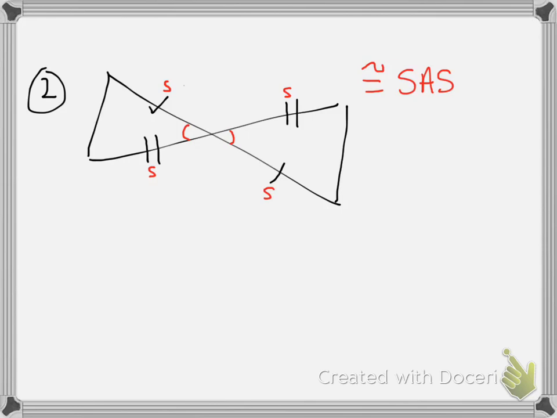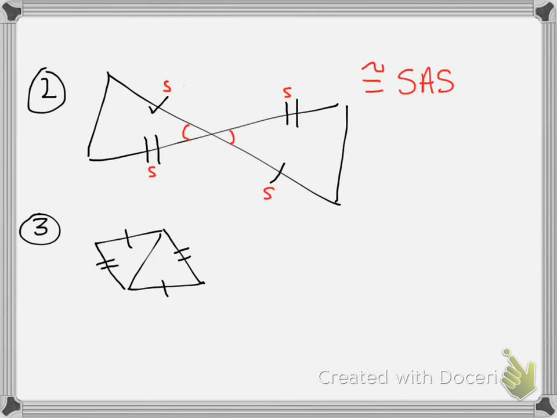Okay, let's look at a third example, because you're probably thinking, all right, well, what is not side angle side? Are they all going to be side angle side? And the answer is no, and I'm going to show you some different types as we go here. So let's say right here we're given that that side is equal to that side, this side is equal to this side. And this is all the information that we are told.